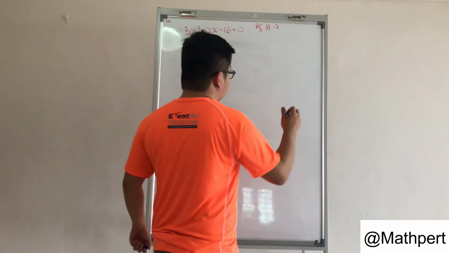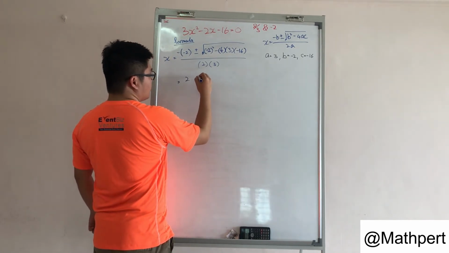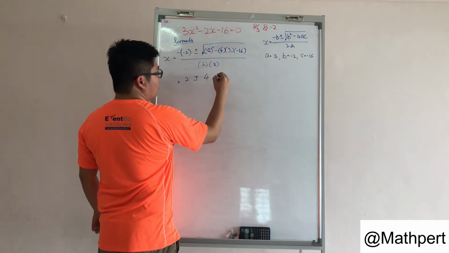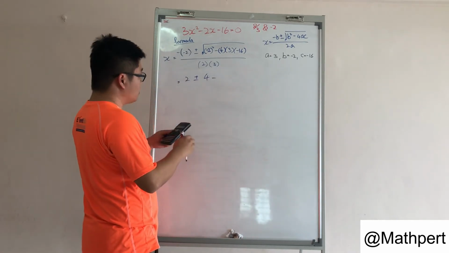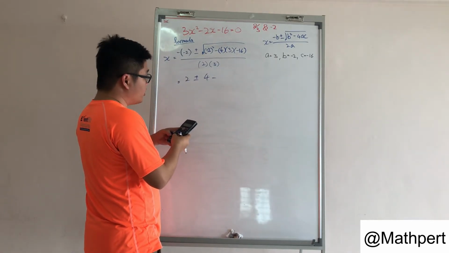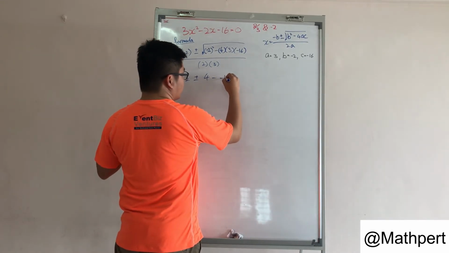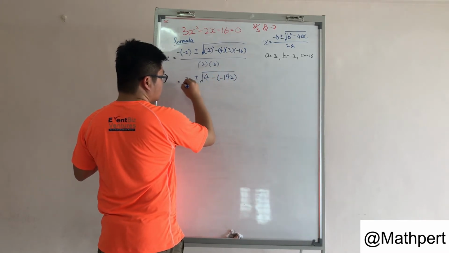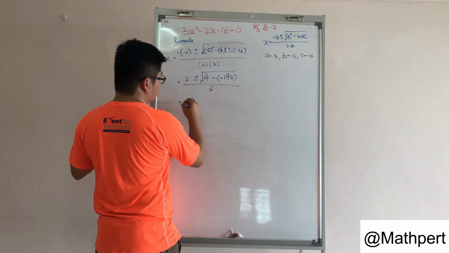So the formula is negative multiply -2 will be 2 plus minus -2 square will be 4 minus 4 multiply 3 multiply -60 will be -192. Whole thing square root. 2 multiply 3 will be 6.